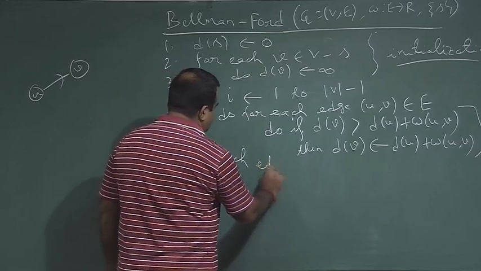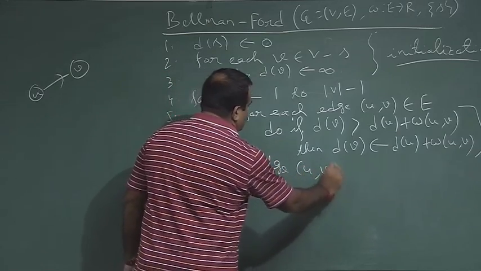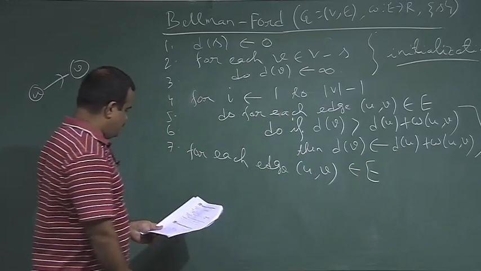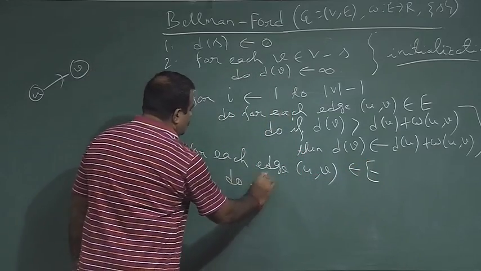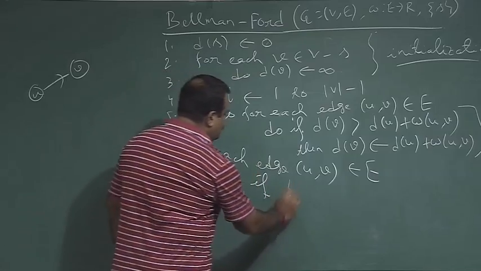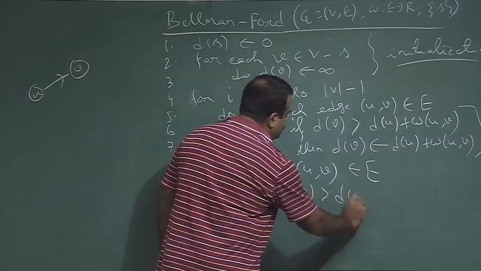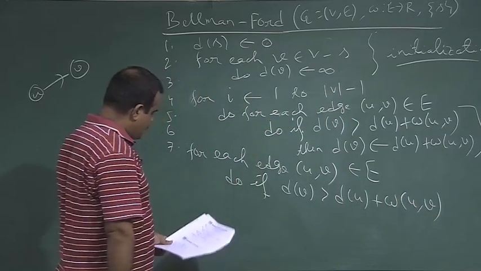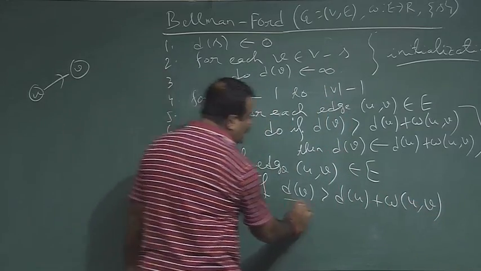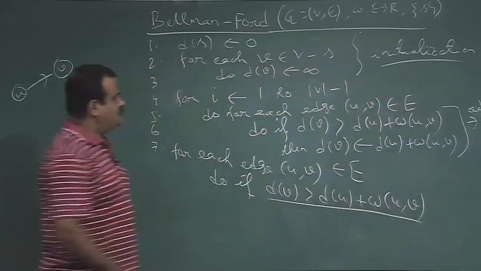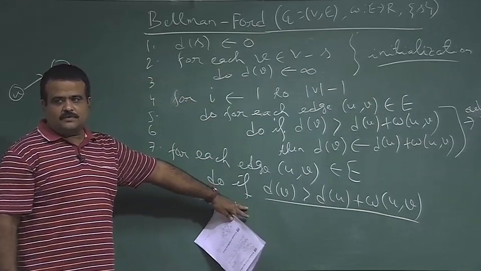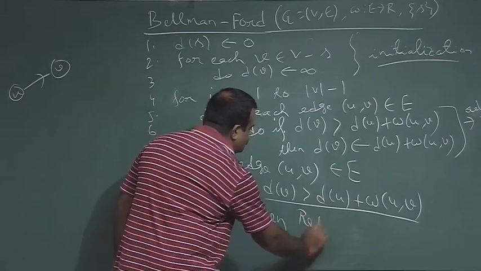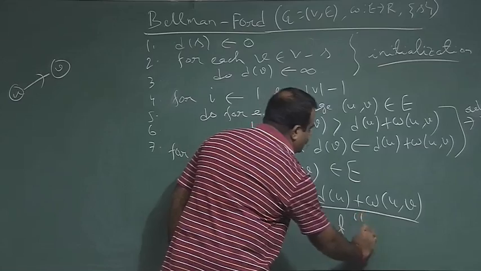For each edge, we check if we can do one more relaxation, then there is a problem. If dV is greater than dU plus delta UV, then there is a problem, because after doing so many relaxations, if we could further relax the vertex, then we report a negative cycle.